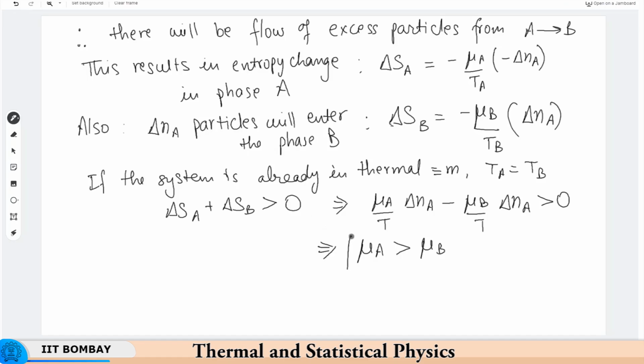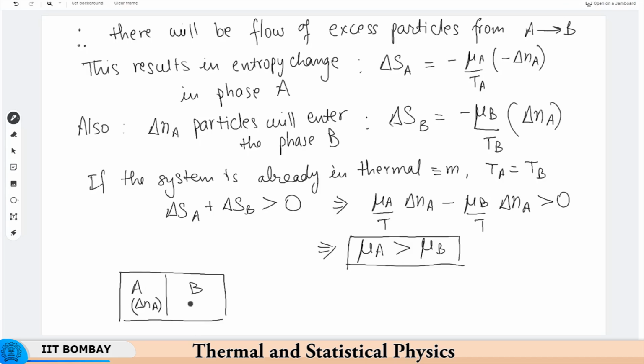And this is an important result. So what we have is a situation where there are more particles in phase A as compared to phase B. We created a situation where we had an excess number of particles delta N A in phase A, and they were going from phase A to phase B. The process continues until the entropy of the system becomes maximum.